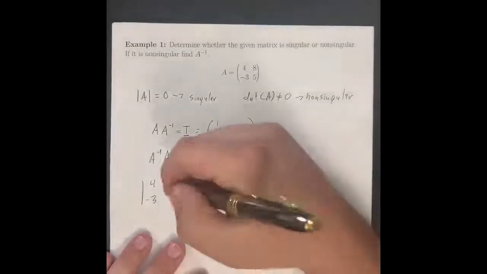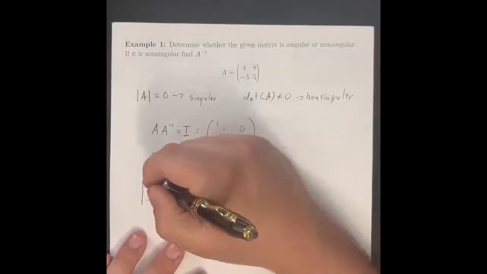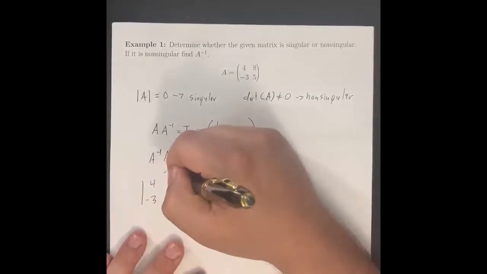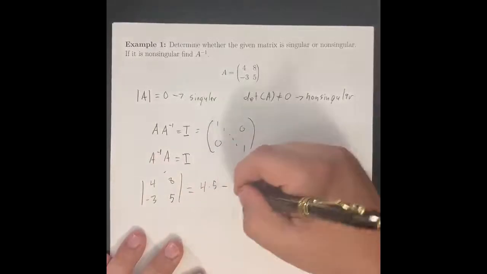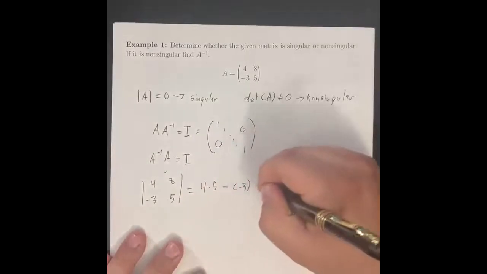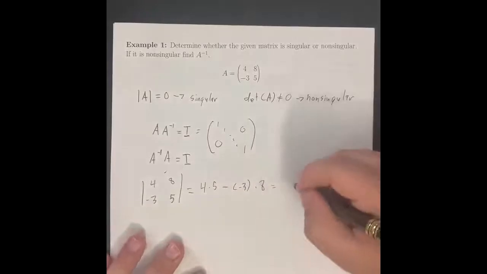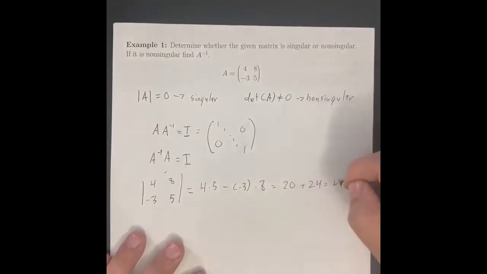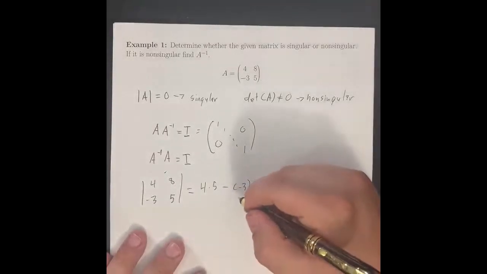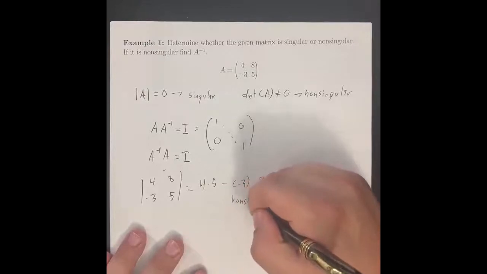The determinant of a 2 by 2 is just the main diagonal minus the opposite diagonal. So it's going to be 4 times 5 minus negative 3 times 8. It's 20 plus 24, which is 44. That doesn't equal 0, so this matrix is non-singular.